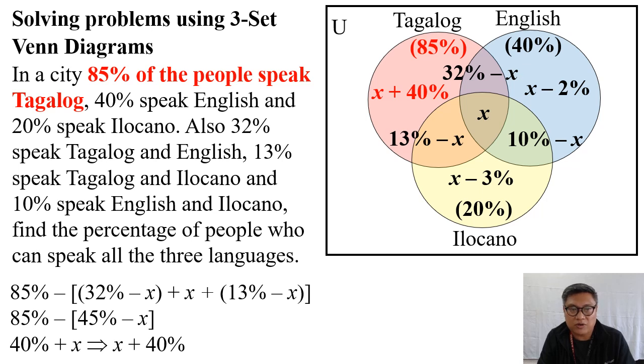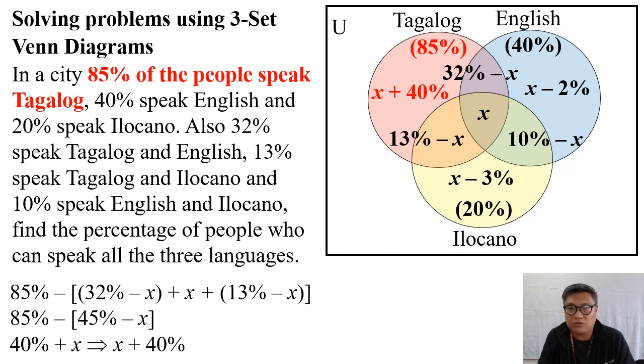So we have here our solution. 32 minus x plus 13 minus x, simplify. 32 plus 13 is 45%. Then negative x plus x is 0, minus x is minus x. Then 85 minus 45 is 40. Then negative times negative is positive x. Rewriting this, we have x plus 40%. So that's the reason why, class, we have here the x plus the 40%.